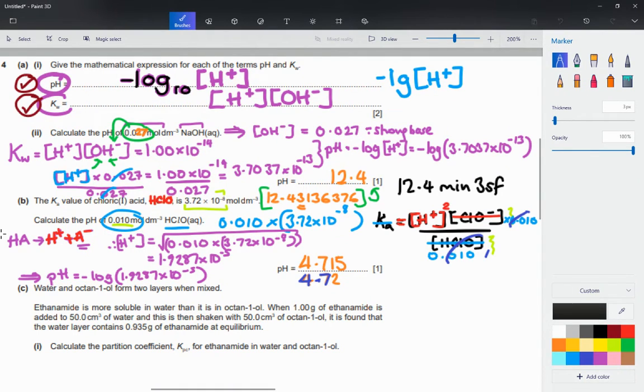This term, this definition. All right. And in the question itself, it says give the mathematical expression for each of the terms. So you must make sure that you go in, because without those mathematical terms, you can't do the rest of the question. It's like you have to memorize these mathematical terms anyway.